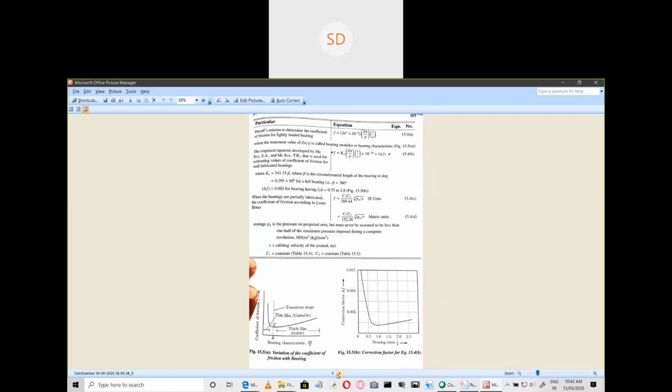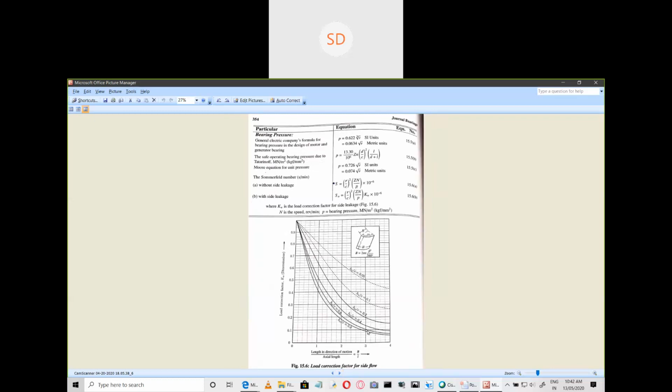B equal to? I think it is there in a diagram. See, here is that B. To calculate the value of B, you go for 2 pi r into beta divided by 360 degree. That is what B by L here: length in direction of motion divided by axial length.